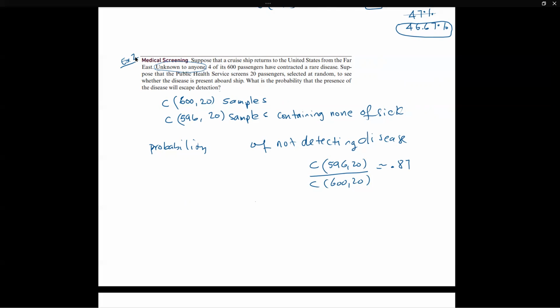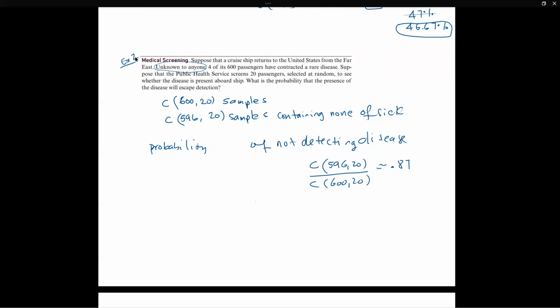So the counting of the samples of this combination is 20 out of 600, and once you start the screen, that means you have 20 out of 596 containing none of the sick, because that's what the question is about.